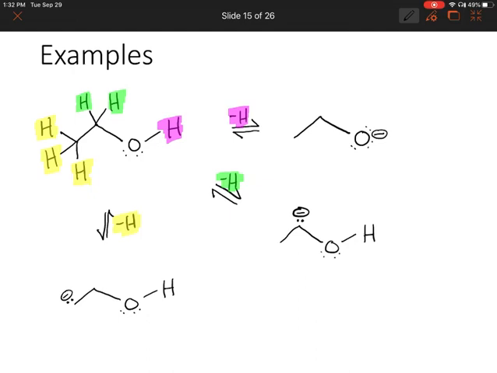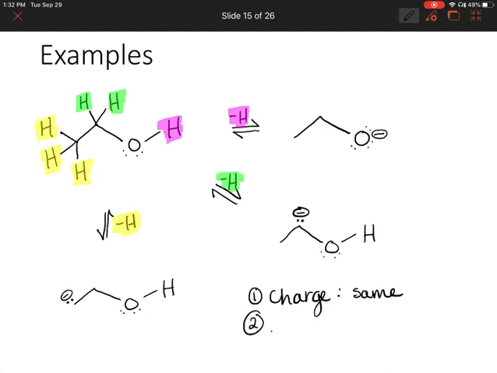So now let's see which one is the most stable. Okay, so let's start with C, which stands for charge. Well, it looks like we have the same negative charge on each of the different conjugate bases, so we'll write same.